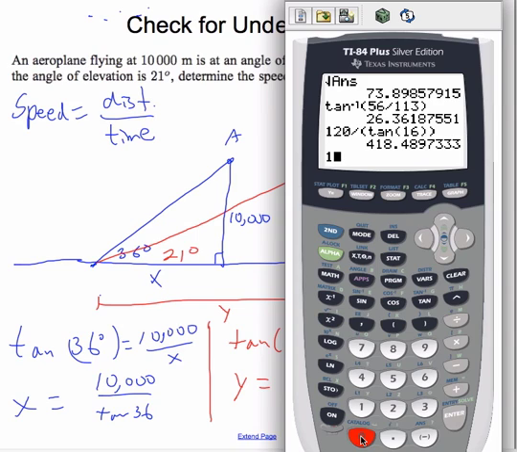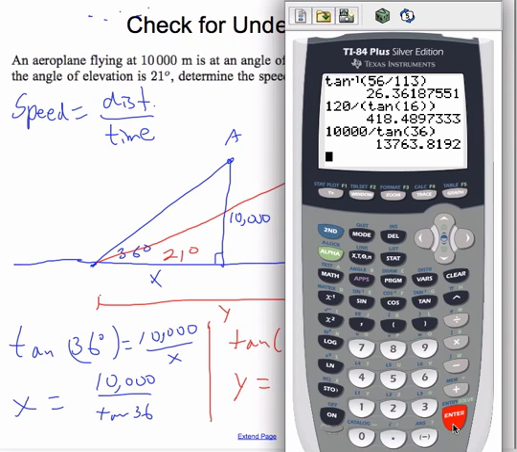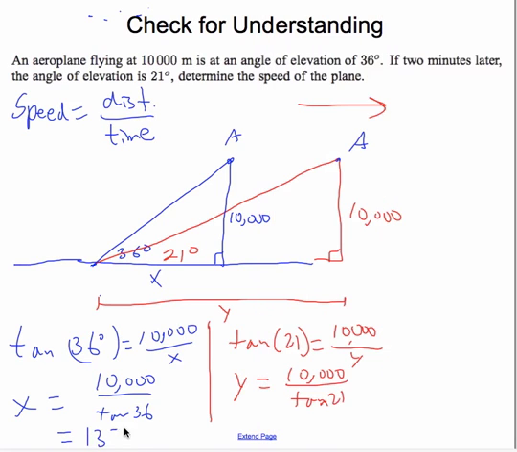Firstly, 10,000 divided by tan 36. That is 13,764 about.